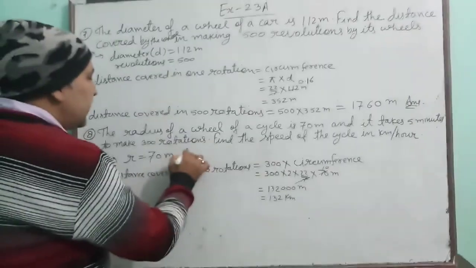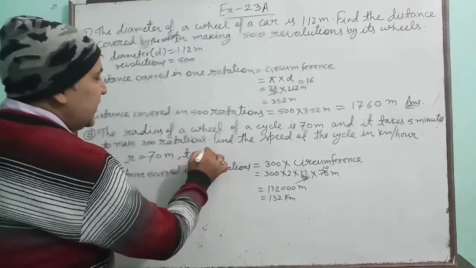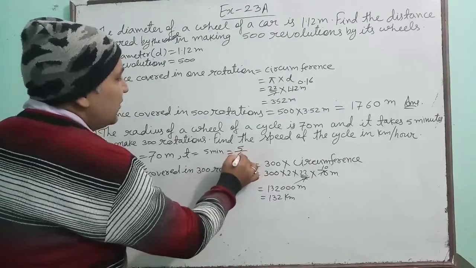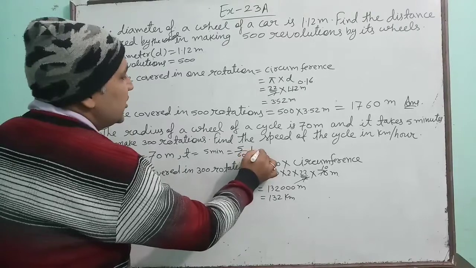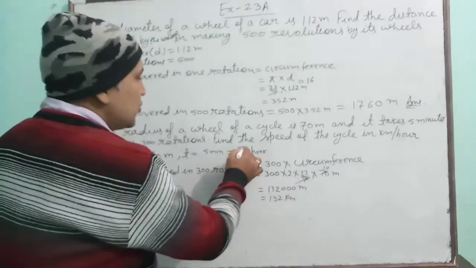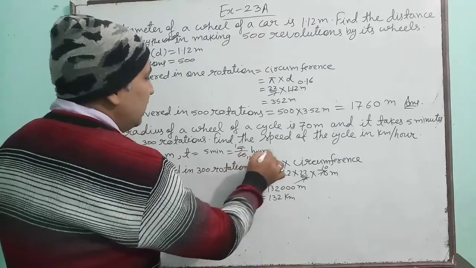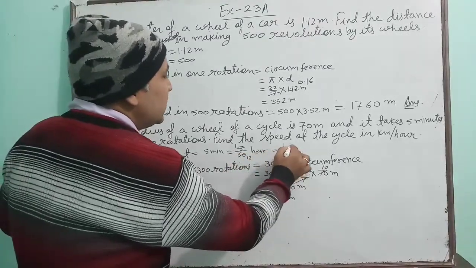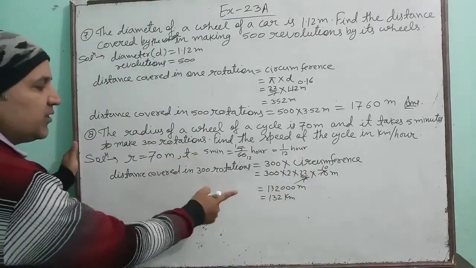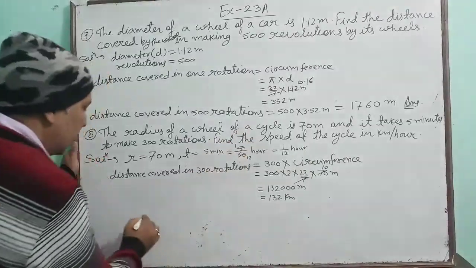In your question, time has been given as 5 minutes. Children, when minutes are divided by 60, then it becomes hours. Okay. So 5 1s are 5, 12. 5 minutes means 1 by 12 hour. Now we have distance also and time also.